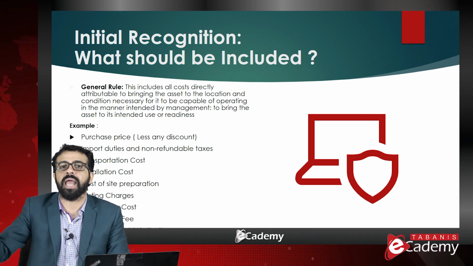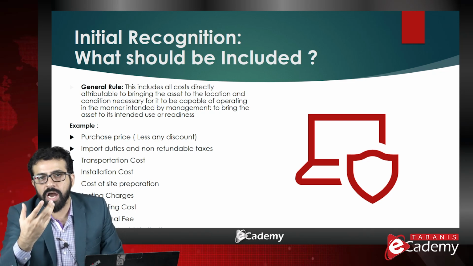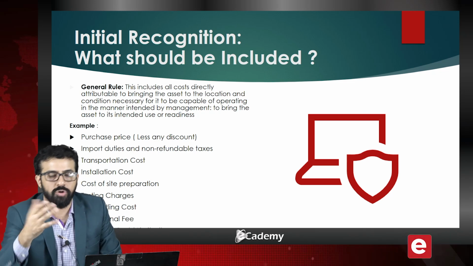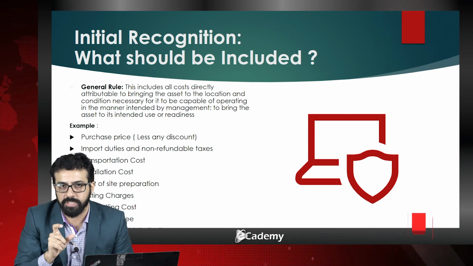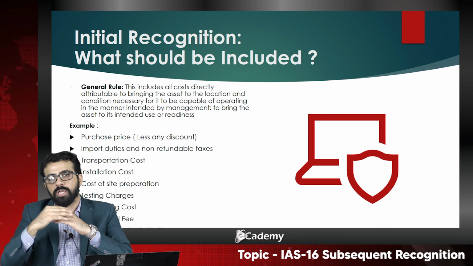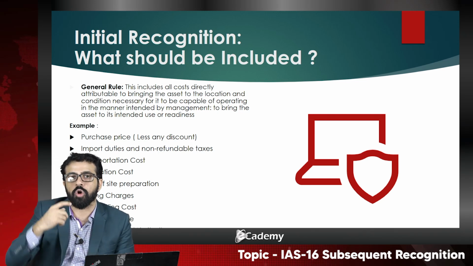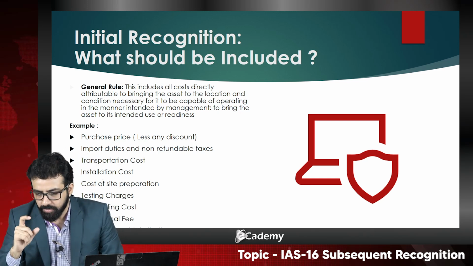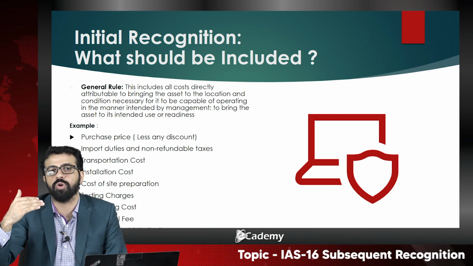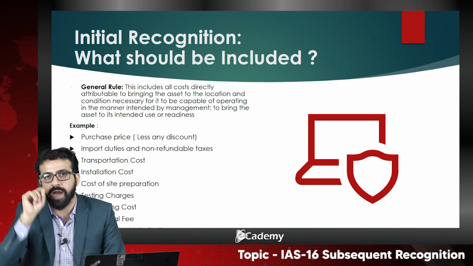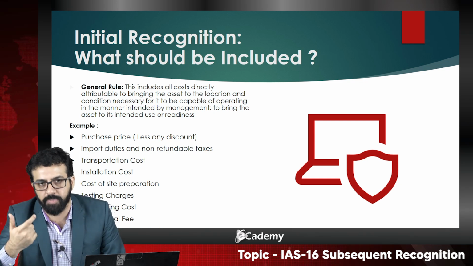If he has given me any trade discount, that would be deducted from the trade price, the initial gross amount, and the final price would be called the purchase price, the PP.